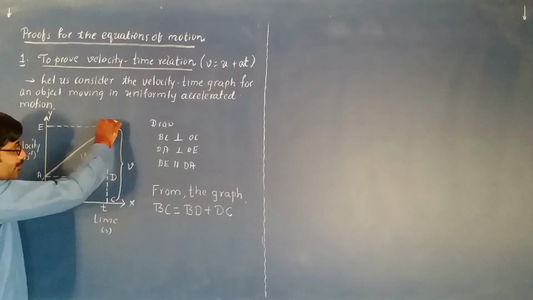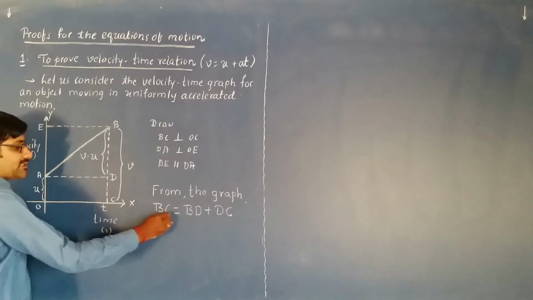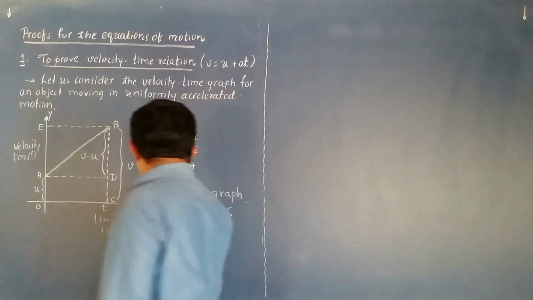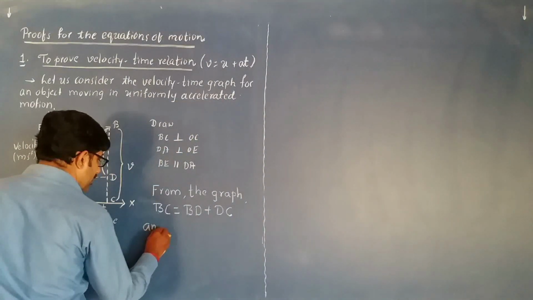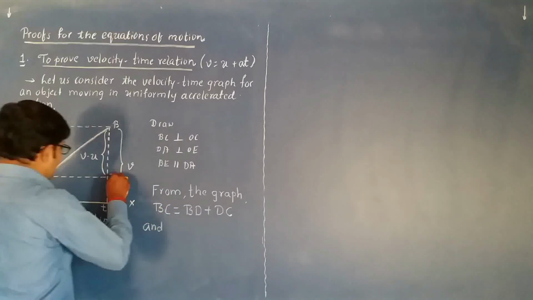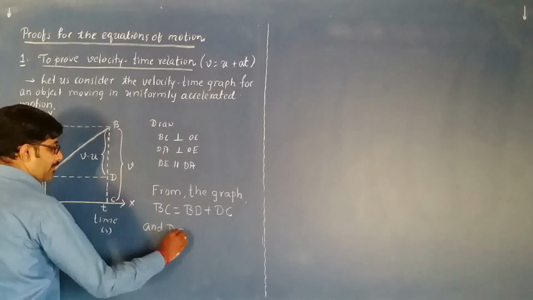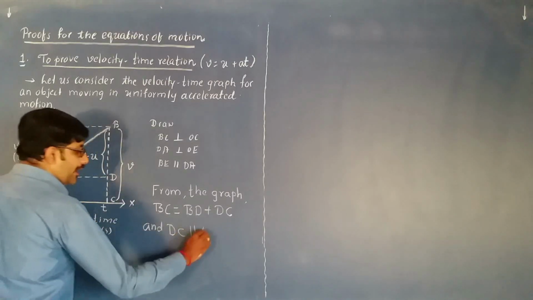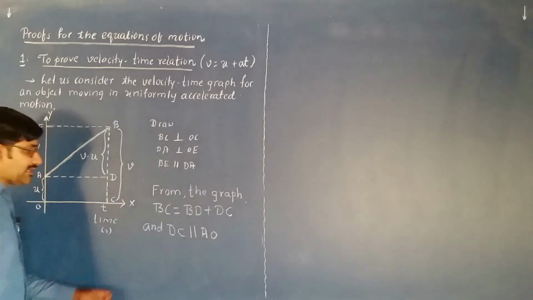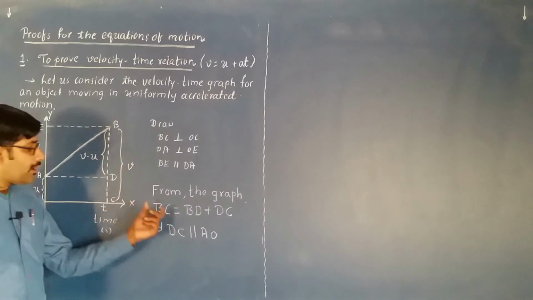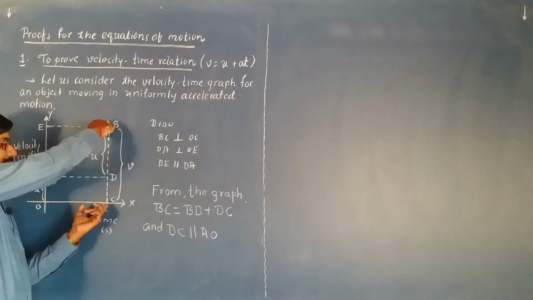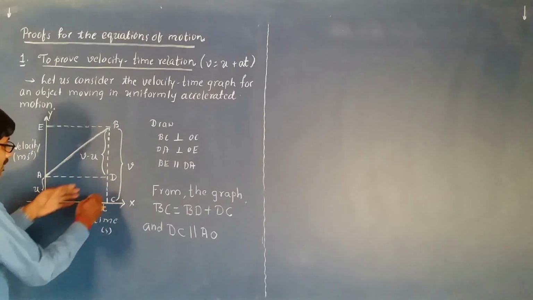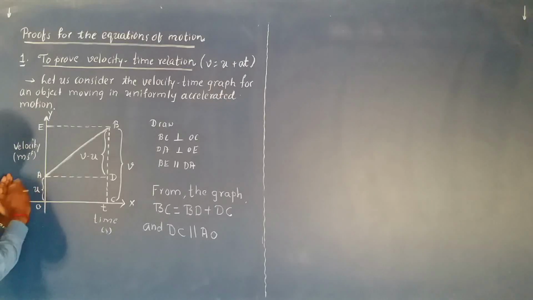This is the entire portion B to C, that is BC, which comprises BD plus DC. And we are also considering DC, which is parallel to AO. So from the graph, BC is equal to BD plus DC, and this DC is parallel to AO.